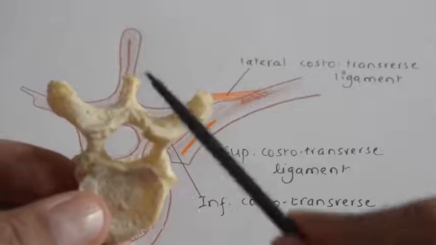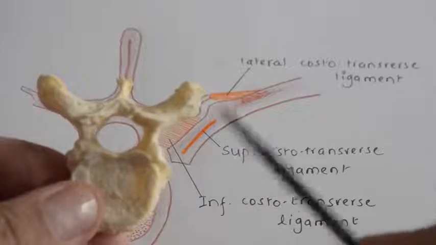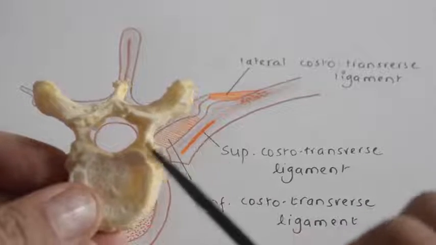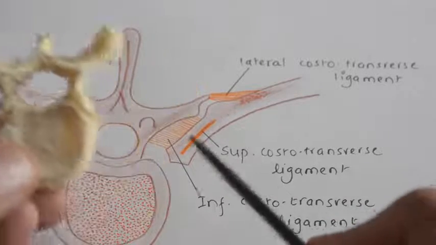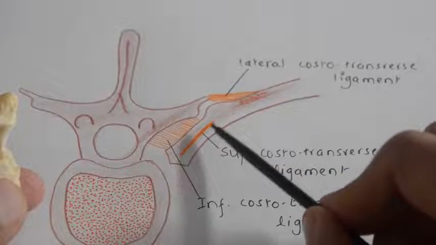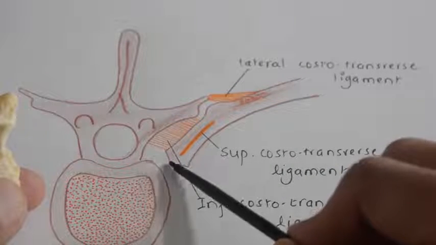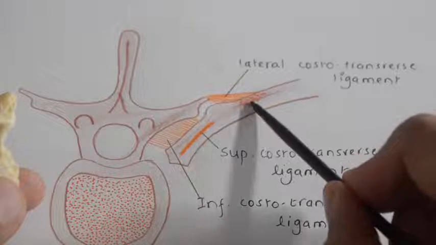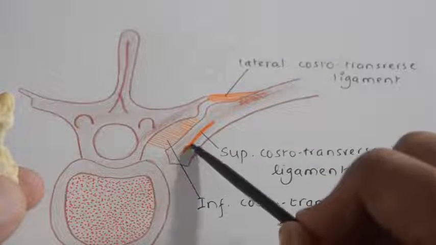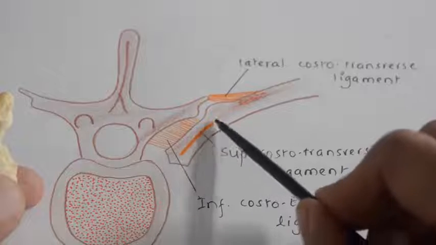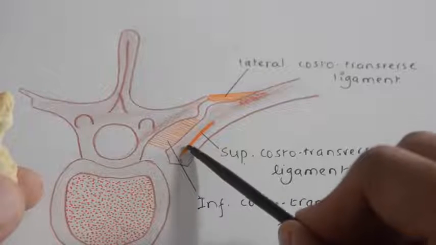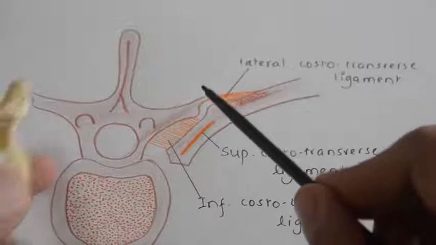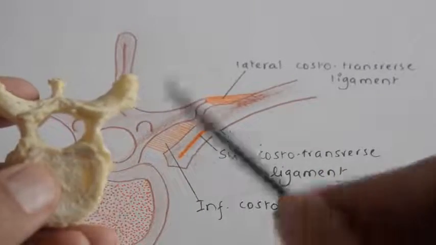So in this diagram you can see this is a superior view of a thoracic vertebra, okay, like this it is oriented. So this is a transverse process, this is the body, and along with the transverse process the rib is connected, and this will be the head, this is the neck, and this is the tubercle with articular and non-articular areas. So here will be the superior border of the neck, which is termed the crest, and as we have discussed, it provides attachment to the superior costotransverse ligament, which is connected to the inferior surface of the vertebra above.